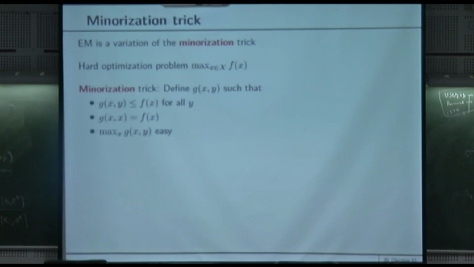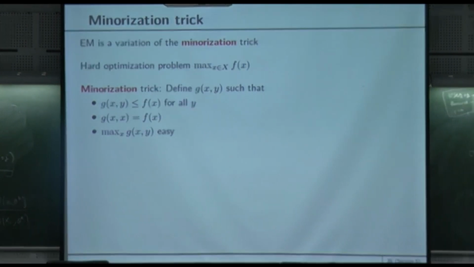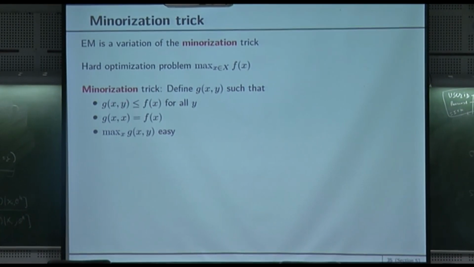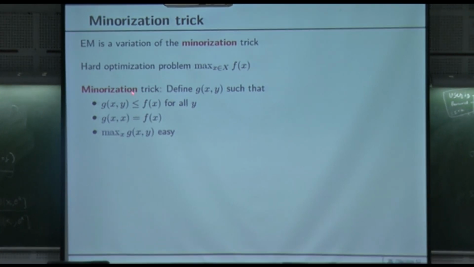What you do is you create a function g of x,y of 2 variables such that g(x,y) is less than or equal to f(x) for all values of y. No matter which value of y you pick, g(x,y) is always less than or equal to f(x). But if you set y equal to x, then g(x,x) is equal to f(x).